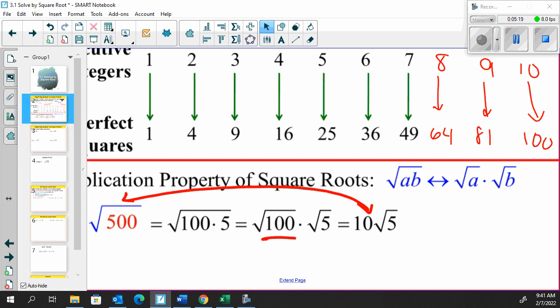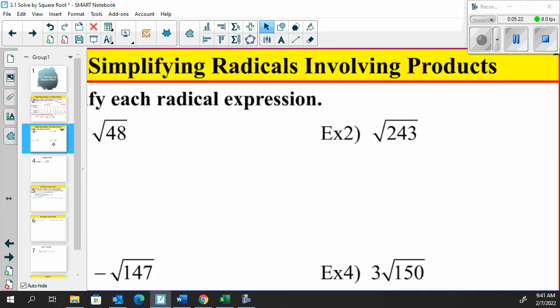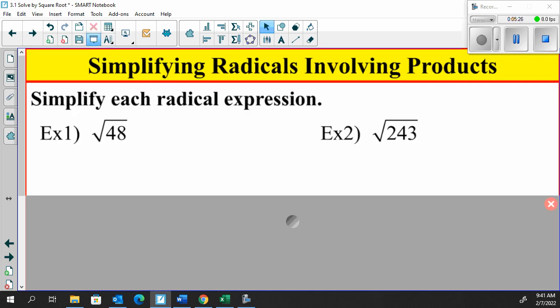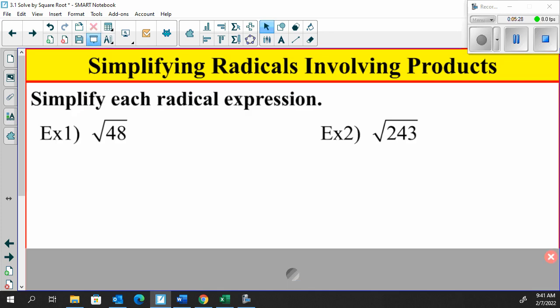All right, let me give you some examples of this. Let's say I have these. It tells me to simplify each radical expression. We need to use the perfect squares to help us do this. So I'm going to write them out again just so we have them. Perfect squares.